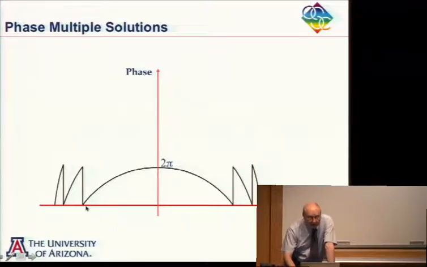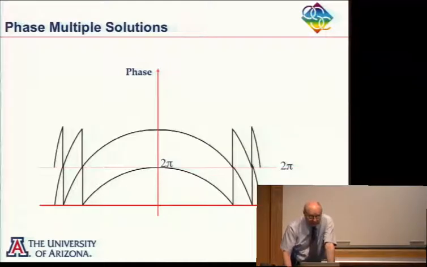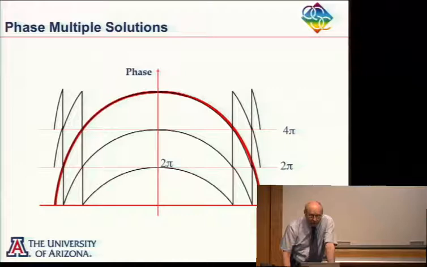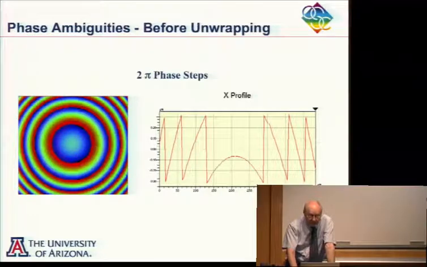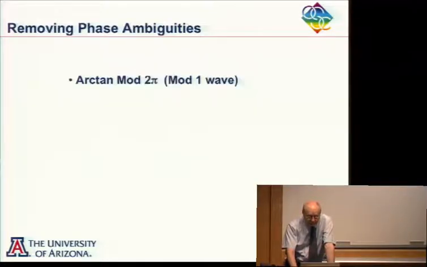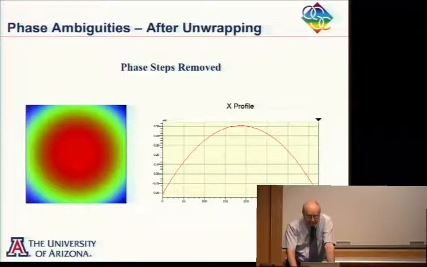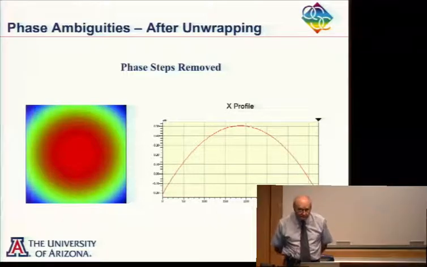Whenever between pixels I have a step that is greater than pi, I'm going to add or subtract some 2 pi's to make it less than pi. That way I can build up my smooth surface. So instead of getting something that looks like this, I'll get a nice smooth surface that looks like this.